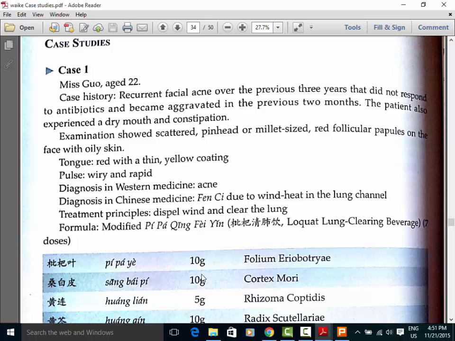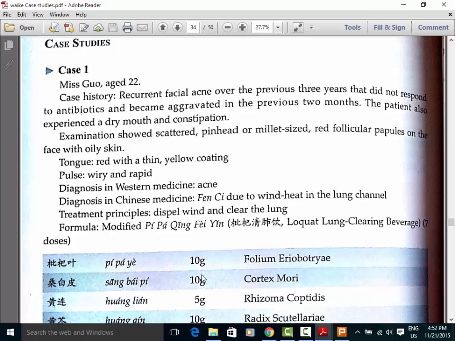Damp heat in the spleen and stomach should have digestive spleen and stomach symptoms. In the pattern differentiation, that is the major differentiating factor, because when you treat damp heat in the spleen and stomach, you're addressing this part of the body a lot more. From a very broad TCM perspective, this looks more like heat in the yang ming, stomach and large intestine heat.